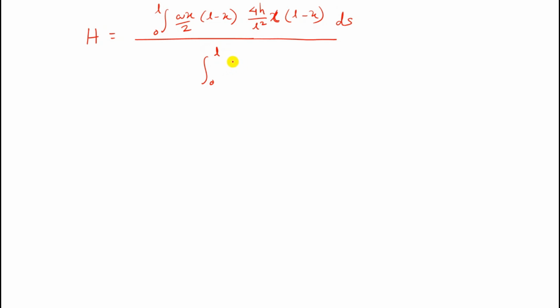So 16h square by L to the power 4 into x square into L minus x whole square ds.